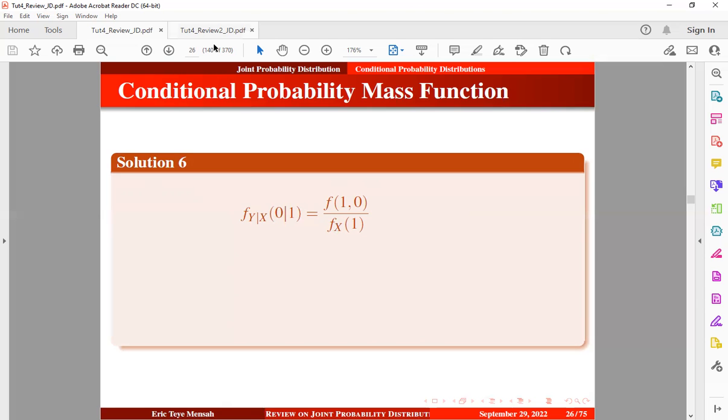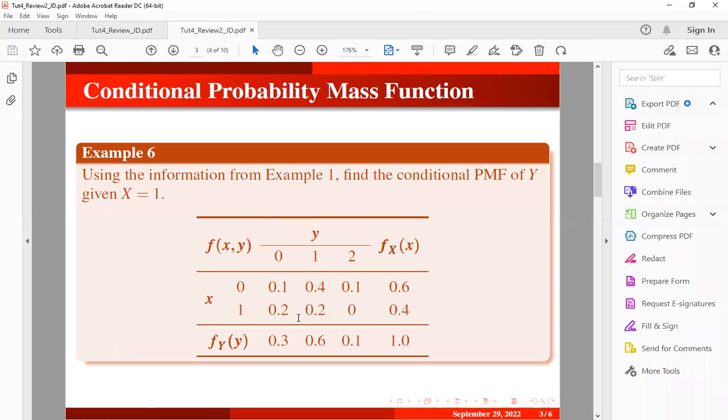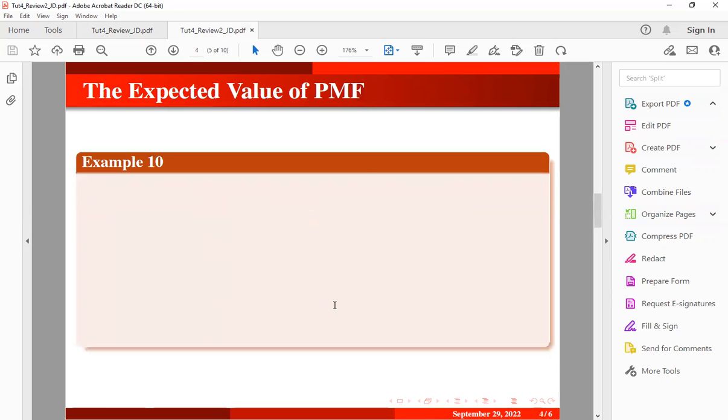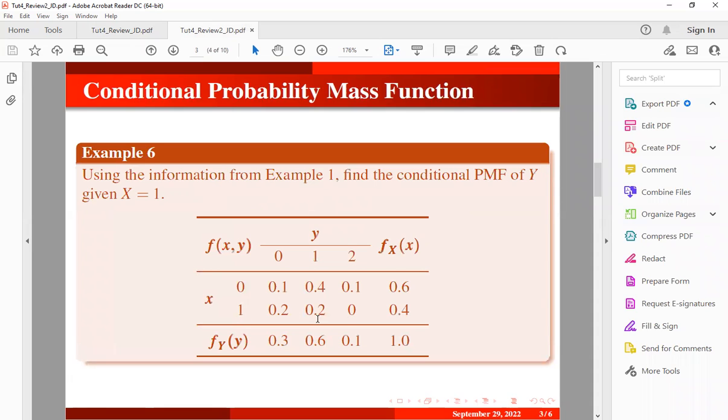If you check this table, you realize that this is where X is 1, and this is the joint PMF of X equal to 1 and Y equal to 0, and this is the corresponding probability. So we have 0.2, and X being equal to 1 is this value here, 0.4. So let's go back.